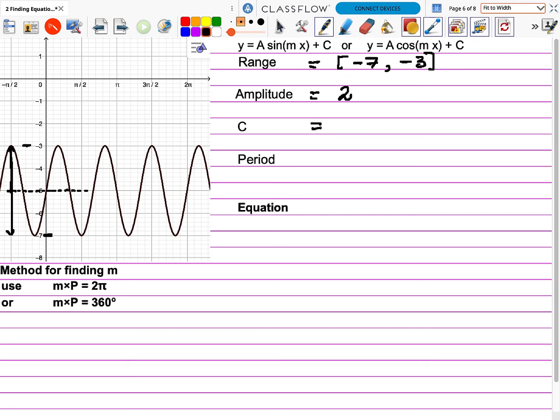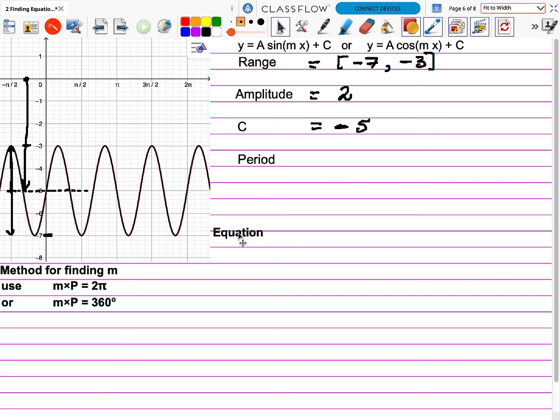What's the displacement? Well, the displacement is the distance from the x-axis down to the middle line. And it's quite obvious that that displacement is in a negative direction, so therefore it's going to be a minus number, and it's a displacement of 5, so it's minus 5.